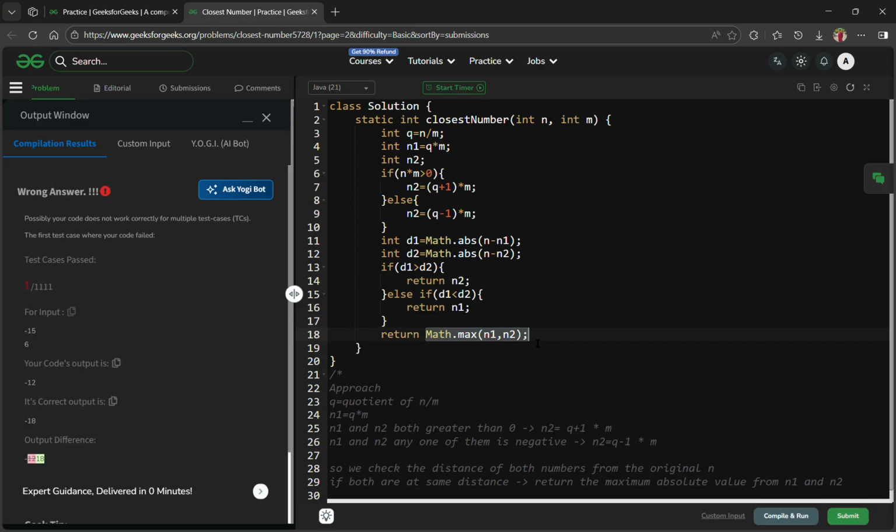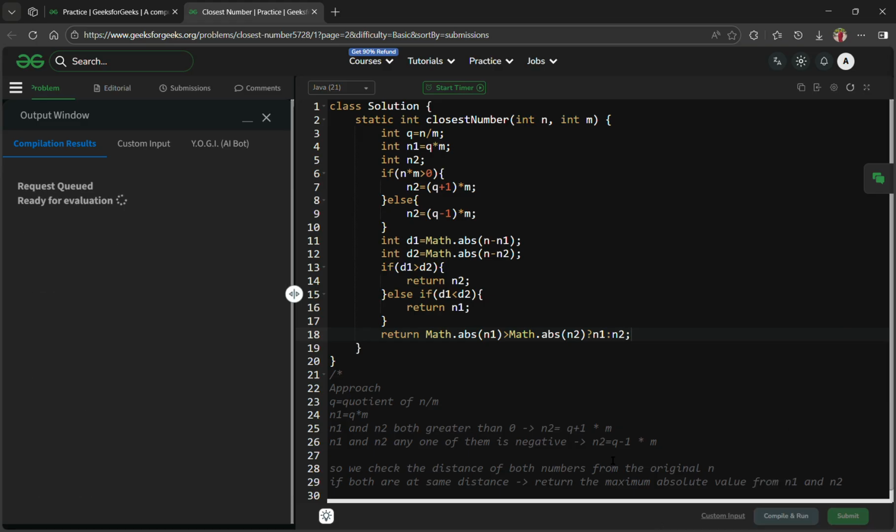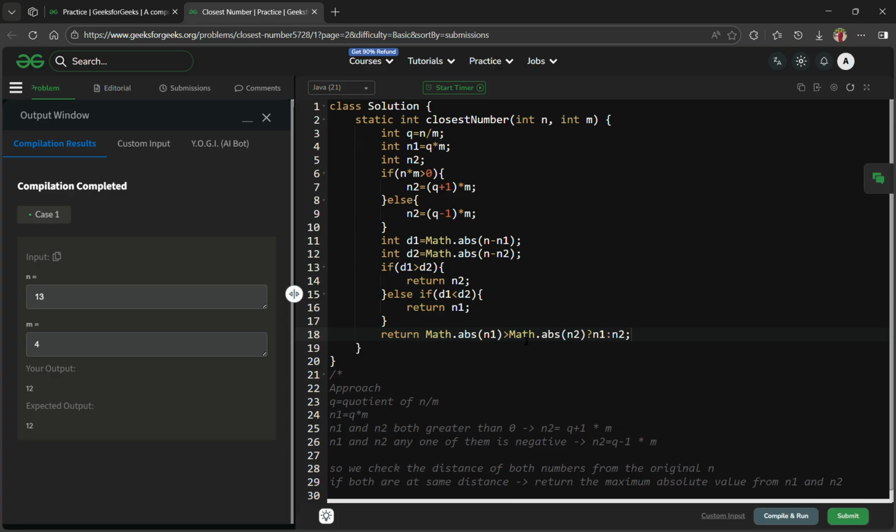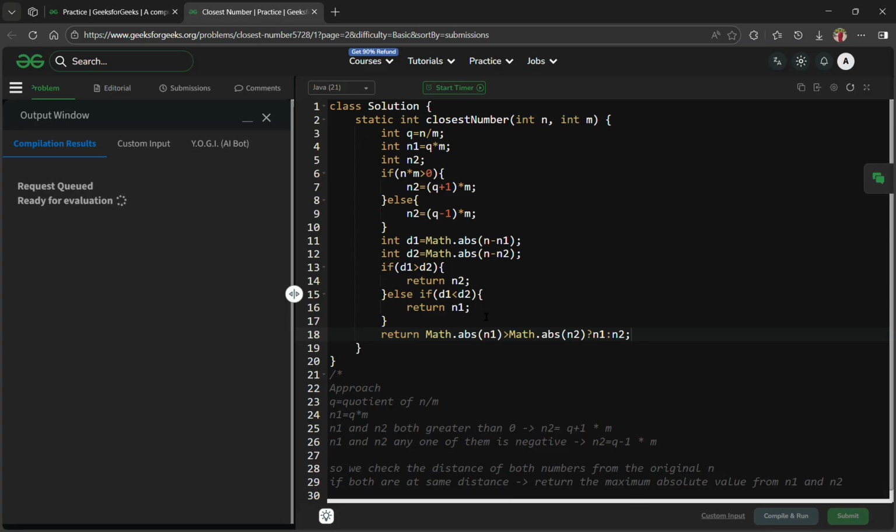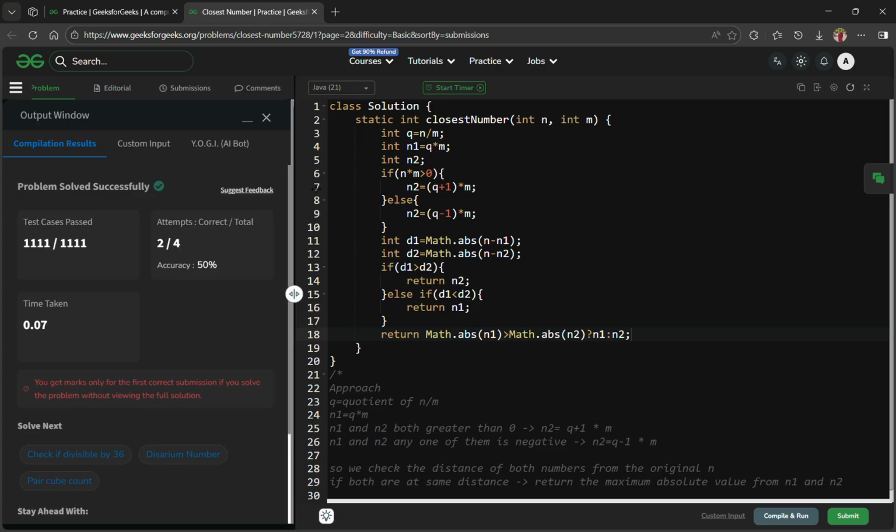Let's make one change: we check with the absolute value and return the original value. In this way, we check with the maximum absolute value but return the original value. So we can see the question has passed all the test cases.